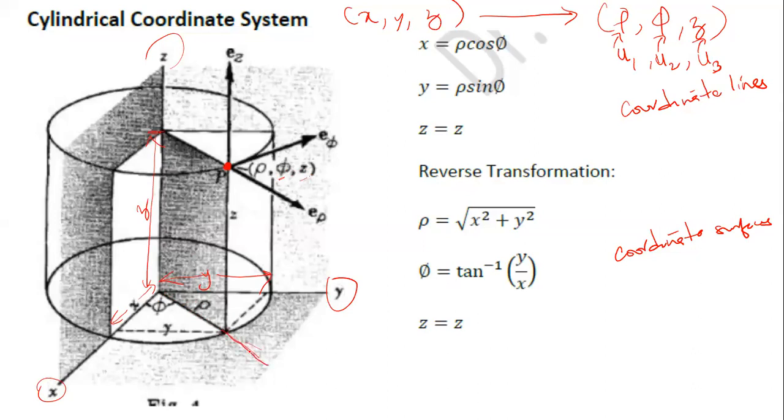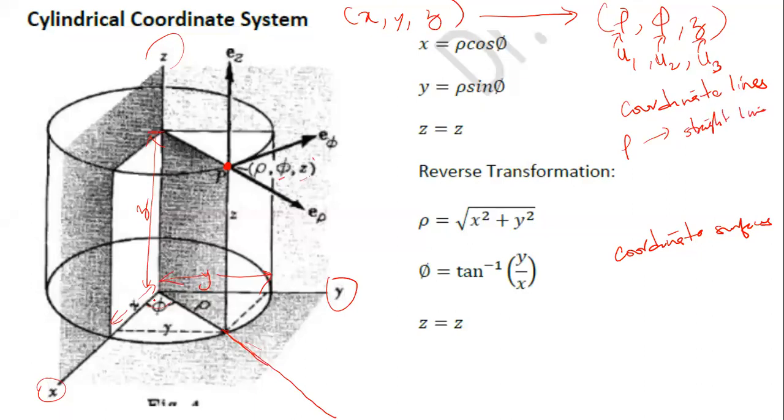If you fix the value of phi and z, just vary your rho, it will move along this line, a straight line radially outward from the origin. The rho coordinate line is a straight line.